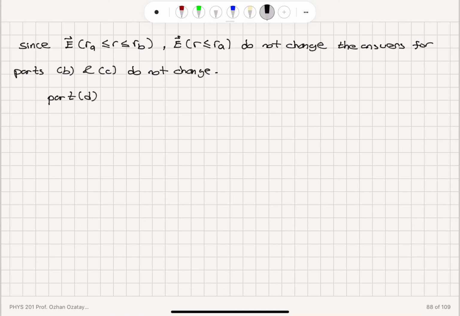if I take the potential for R greater than or equal to R sub B, now this is the sum of the contributions from the two spheres. The first one, the inner sphere, is kq over r, and the spherical shell is minus k capital Q over r. That is the potential in this region. Then I will find that the electric field is minus the derivative of the potential with respect to radial distance r in the r hat direction, which is the gradient.